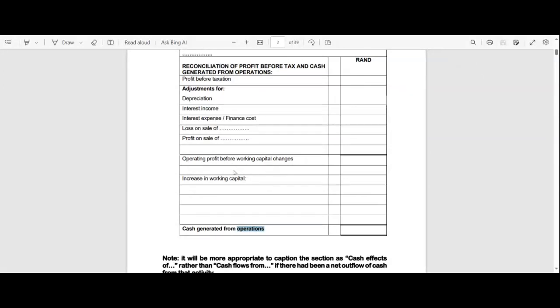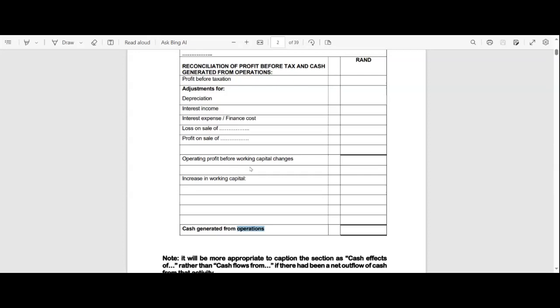Then our second kind of adjustment is to adjust for changes in working capital. And we'll see later on, either today or next week, or sometime in the next week or so, what is meant by working capital. We'll see what is meant by changes in working capital and so forth.